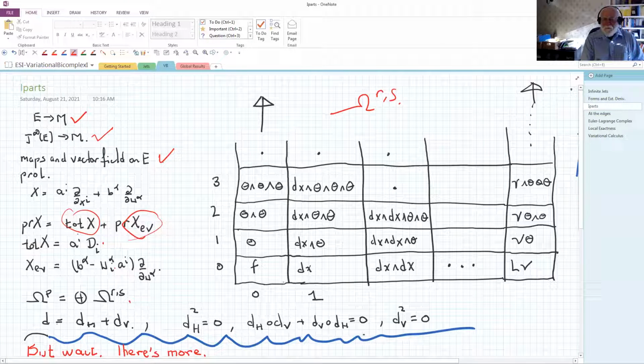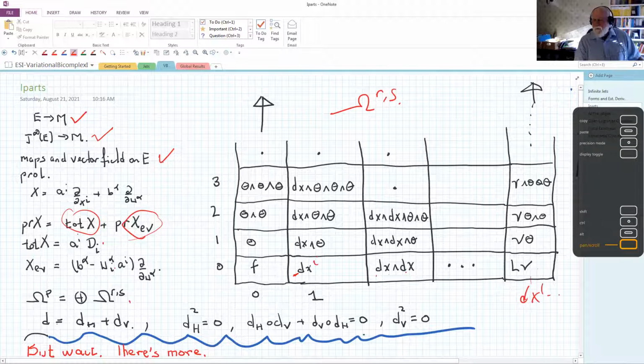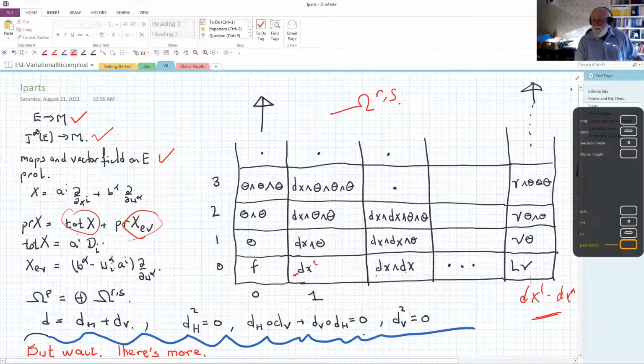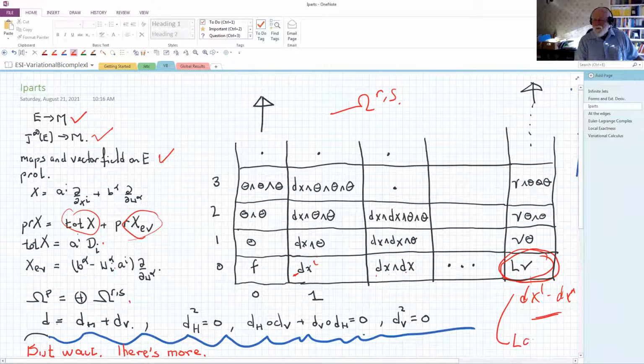In the corner here, we have (0,0) forms, or functions. Here we increase horizontal degree, so we have just one-forms on the base, but with coefficients depending upon jets. Two-forms on the base with coefficients depending upon jets. And right in the corner here, we have n-forms with coefficients depending on jets. This is the space of Lagrangians. So in the variational bicomplex, this corner is especially important to us.